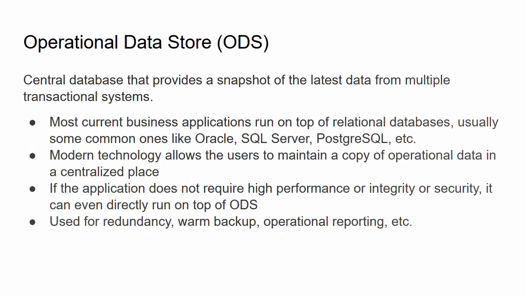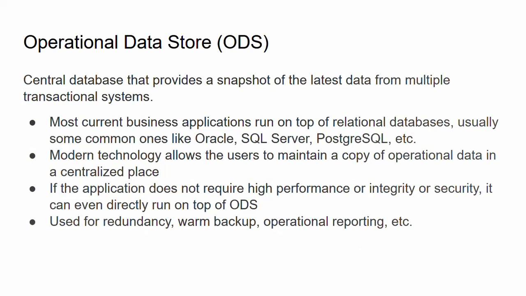So that's when you can have all the transaction systems, all their data duplicated to one centralized database, thus forming the central collection of your enterprise operational data. The difference between this one and the data warehouse is, first of all, because this is a copy of a transactional system, it won't contain historical data, because if you have too much data in that, even copying the performance will get hit.